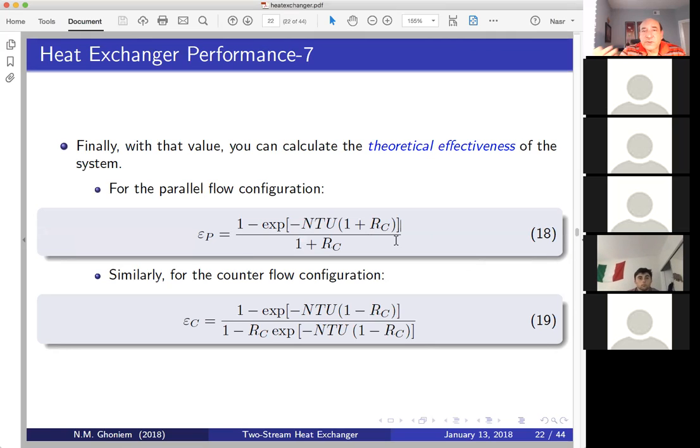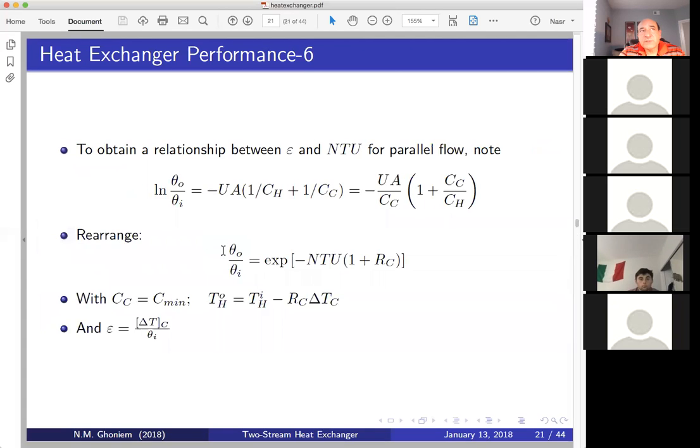We're not going to go through more theory because I'm just giving you the briefest possible theory that's necessary for the experiment. So for counterflow, we have another relationship between the NTU on the right and the effectiveness on the left. So if we know the value of NTU from measurement, and we know R sub C from measurements, we can plug them in here, and we get a theoretical value of epsilon. So in other words, we can calculate epsilon two ways.